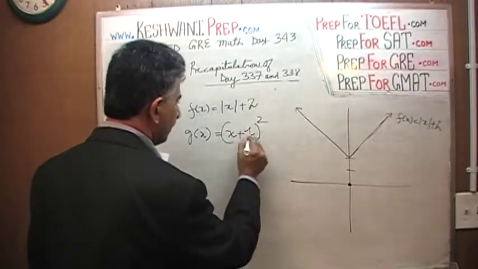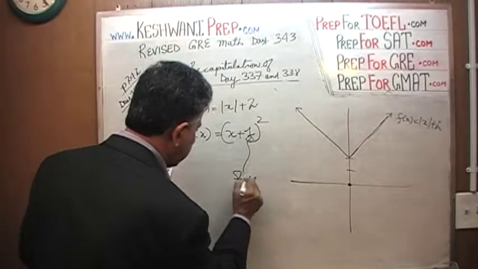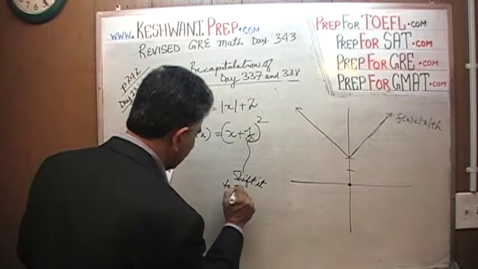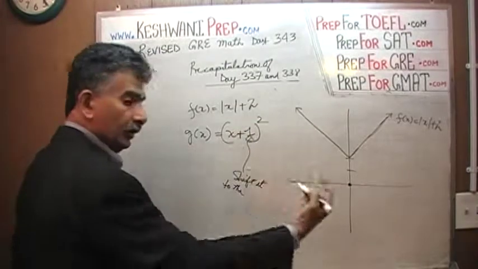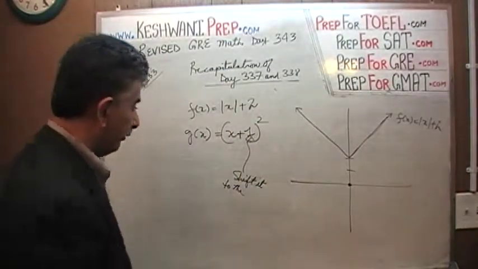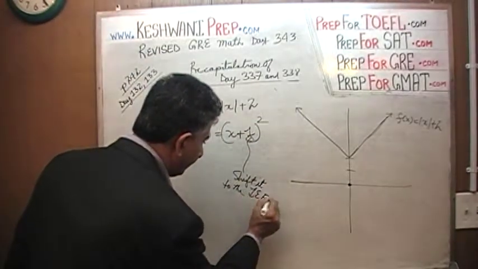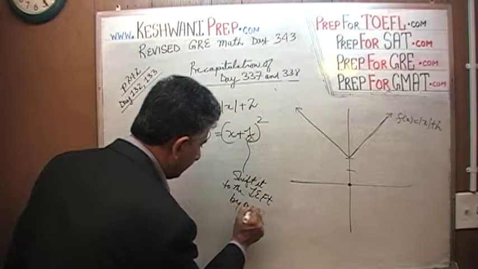And that tells us that we're going to shift it to the right or left? To the left. Because it is positive, we go to the left. It is counterintuitive. We shift it to the left by 1 unit.